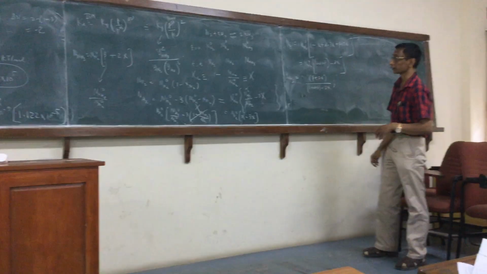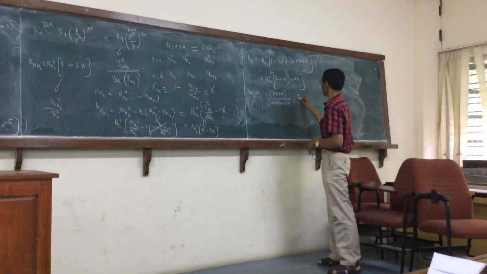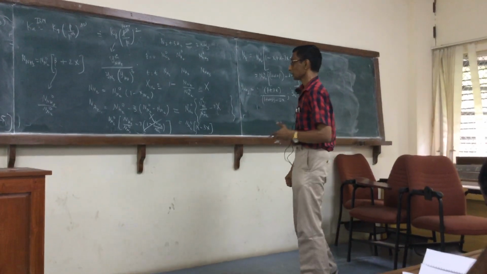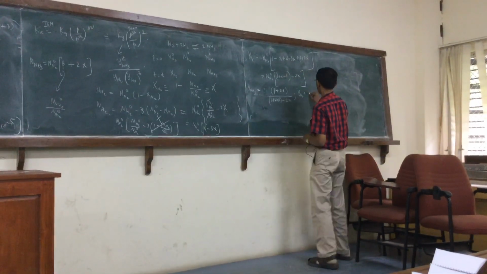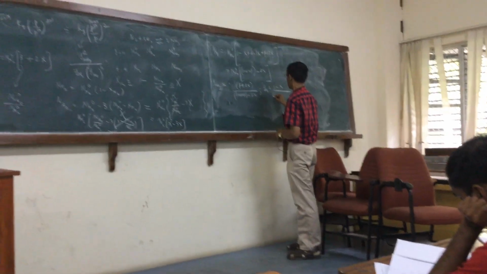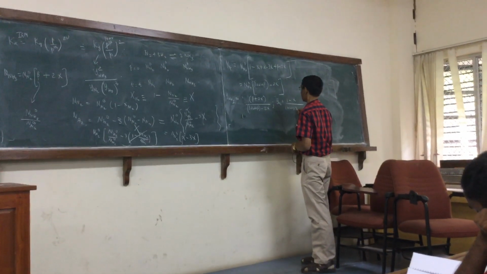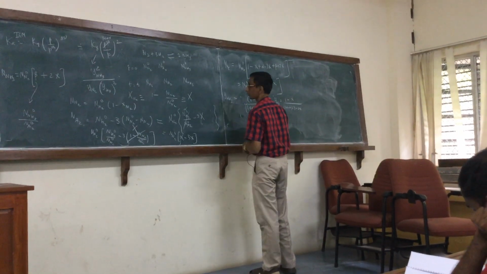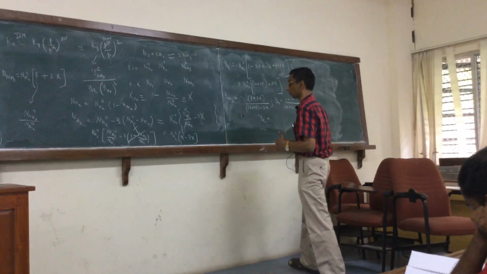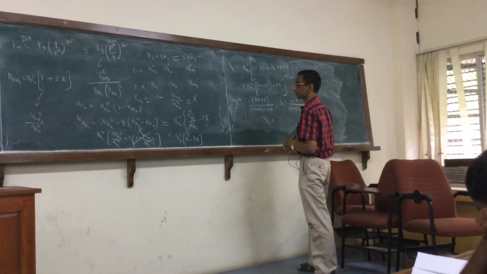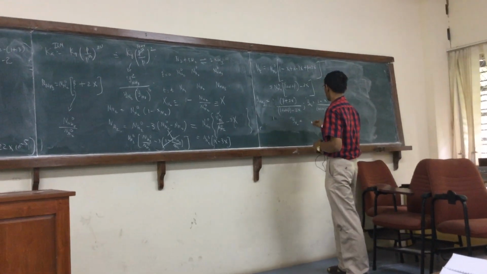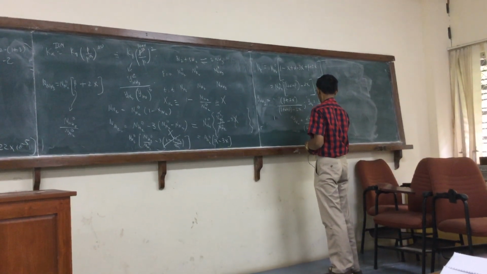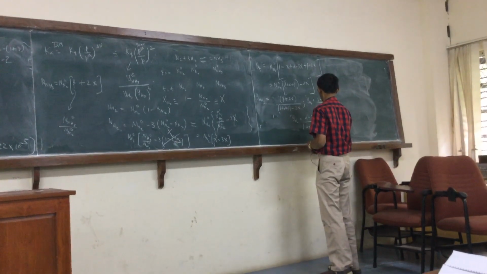That's y_NH3. y_N2 is 1 minus x divided by 1 plus alpha plus beta minus 2x, whereas y_H2 is going to be alpha minus 3x divided by 1 plus alpha plus beta minus 2x.